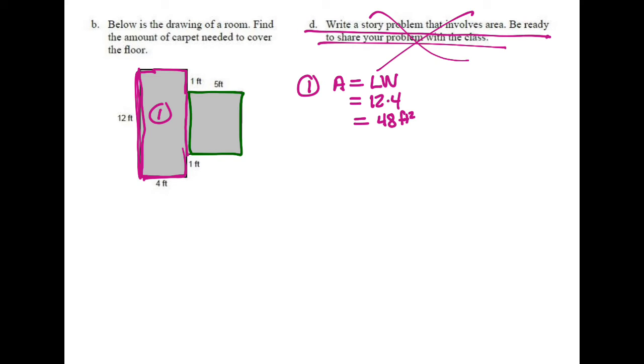Okay, green part. All right, what do I already know? I know this side is 5, but I don't know this side. I do, however, know that this whole side here is 12 feet, because that's a rectangle, right?